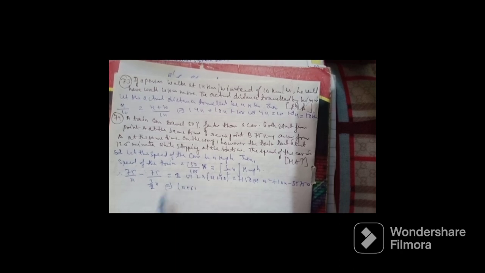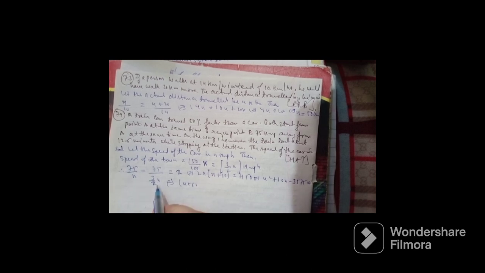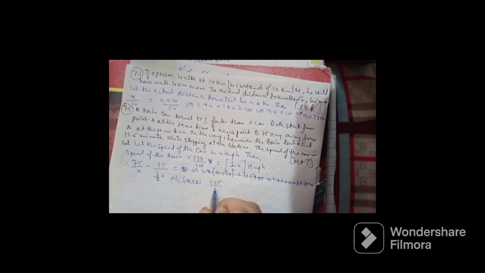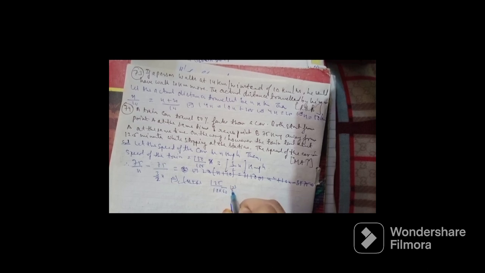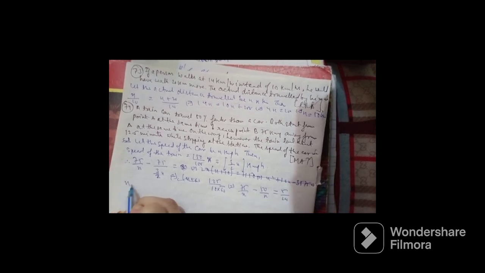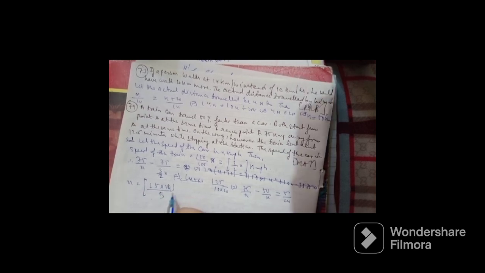So 75 by x minus 75 by 3 by 2x equals 125 upon 10 into 60, that is 75 by x minus 50 by x equals 5 by 24. x equals 25 upon 5 times 24, which equals 120 kilometers per hour. So that is the answer.